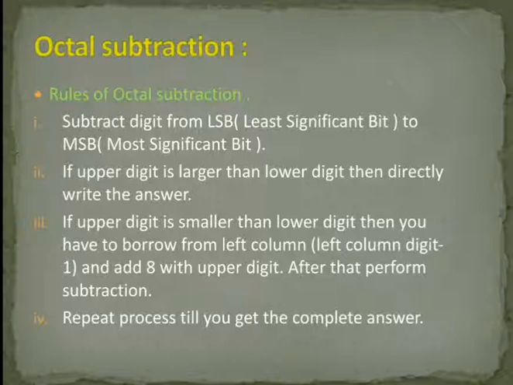If the upper digit is smaller than the lower one, then we have to borrow 1 from the left column, and 1 means we are taking 8 out from our left column, and we have to add that 8 with our upper digit.